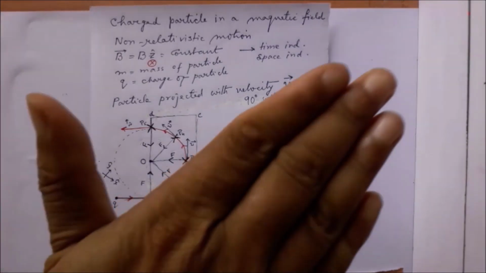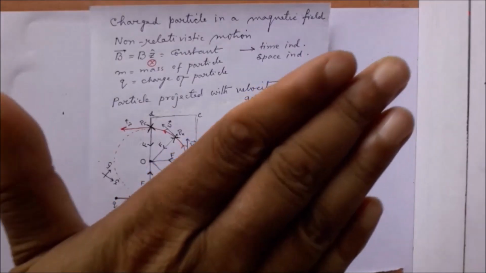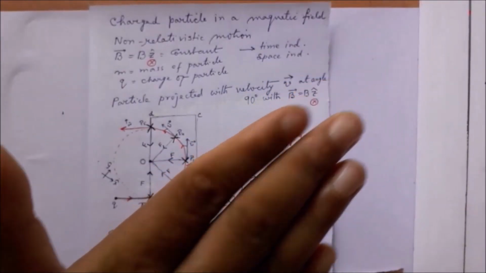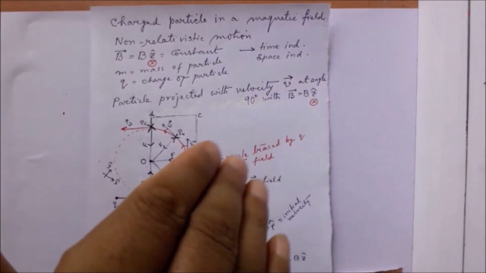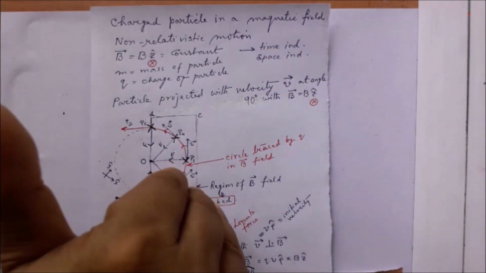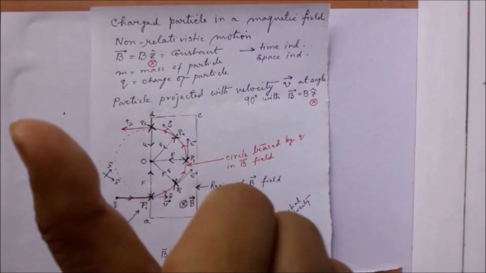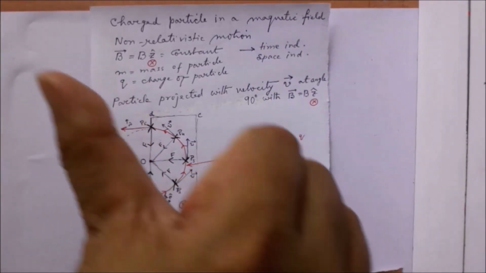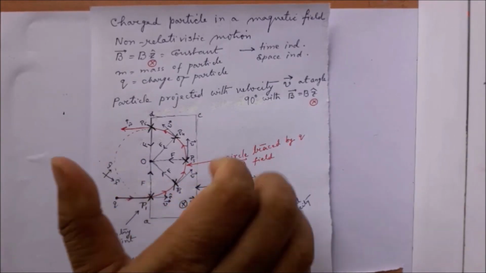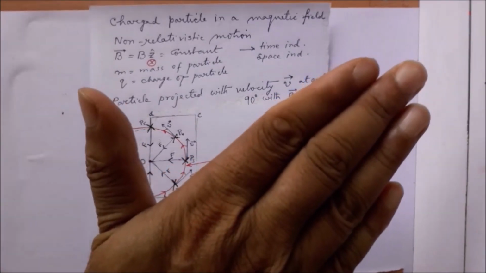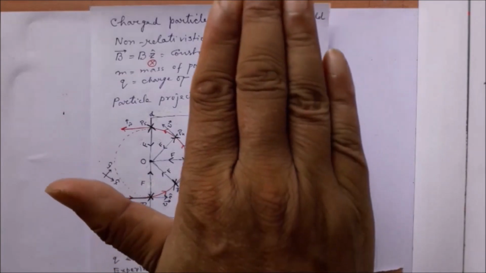In other words, this is the velocity of the particle trying to follow a tangent at P2, but it feels a magnetic induction downward, which means the Lorentz force that acts on it is along this direction, which is therefore P2O. And therefore it cannot go straight off the tangent, but it bends again.